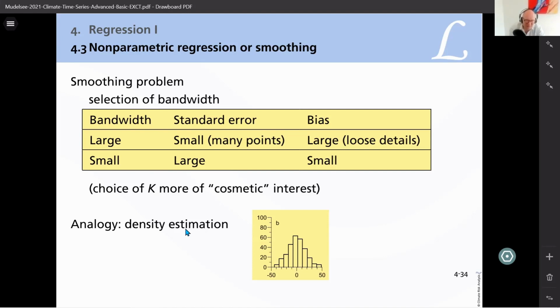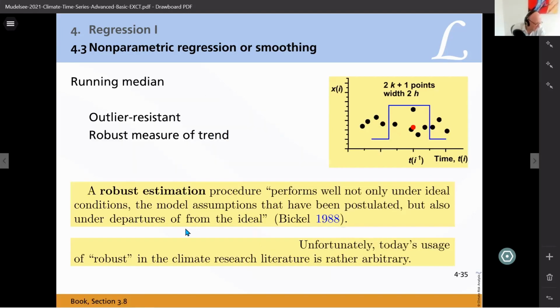Are there many wiggles that can be seen using a small bandwidth? Are they really there? The bootstrap uncertainty bands help to assess this. So this is again a method to approach the true trend, and the parameter to adjust is the bandwidth.